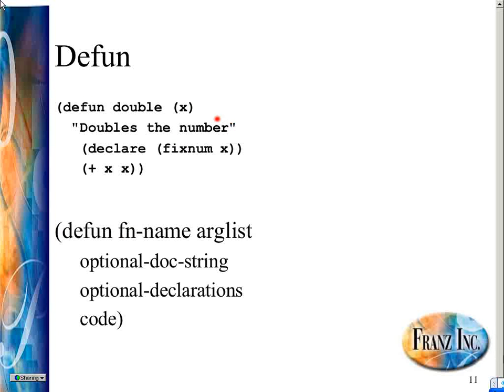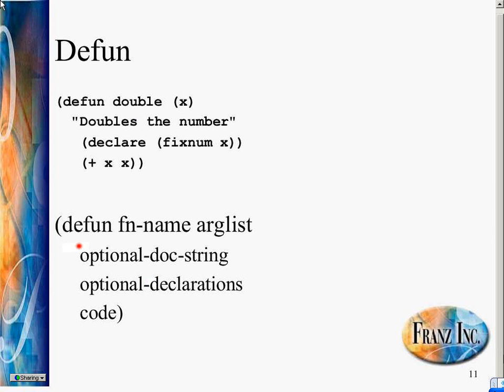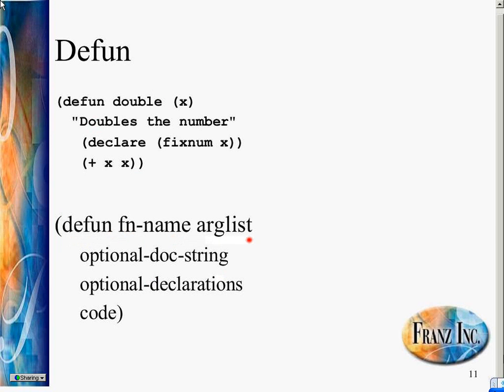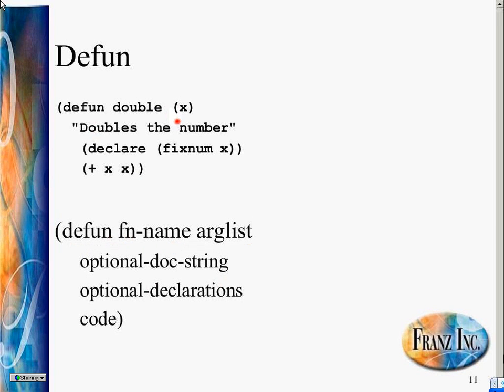So here, once again, as you should be used to, is the standard defun method of defining a function. Its components are the word defun, which tells the system what you're doing, a symbol, typically a symbol naming a function, an argument list, called arglist here, and in this example, the argument list contains one element, the argument x.